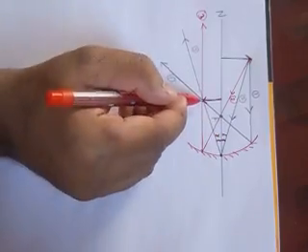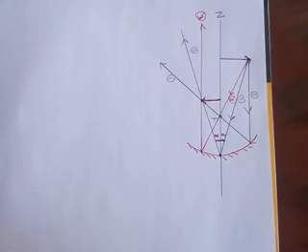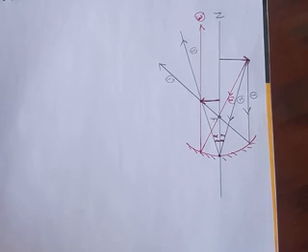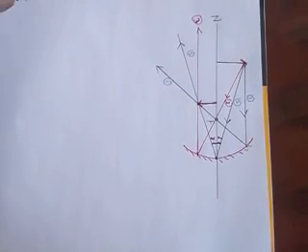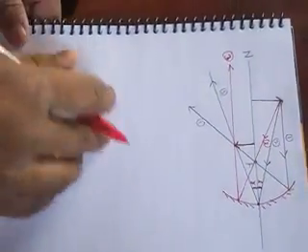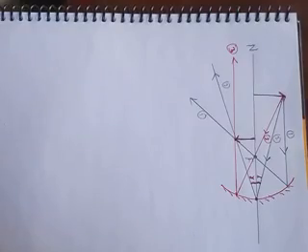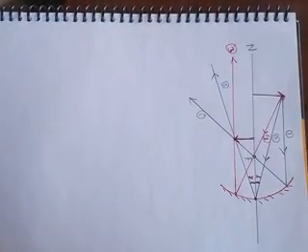So the intersection of these 3 rays will be the image. Whenever you need to geometrically find the image, we should not use all the 3 rays. In fact, any 2 of your convenience will be enough. Now this case will rarely be asked from you. Generally we are preparing for objective type questions, so mostly we have to deal with mathematics of this magnification.